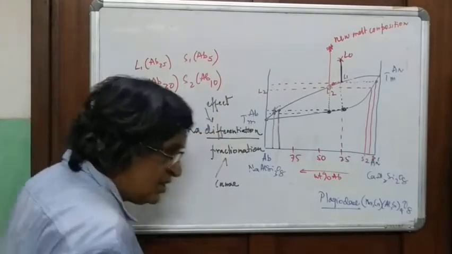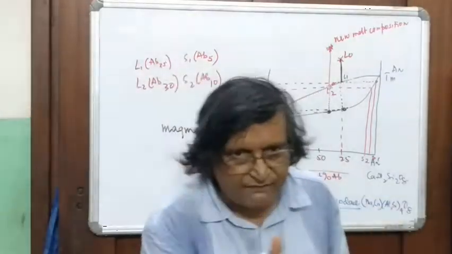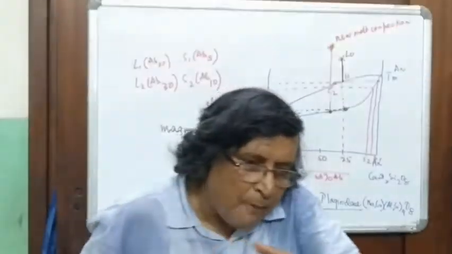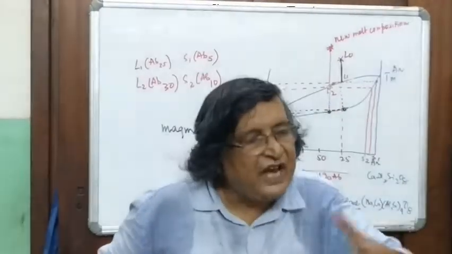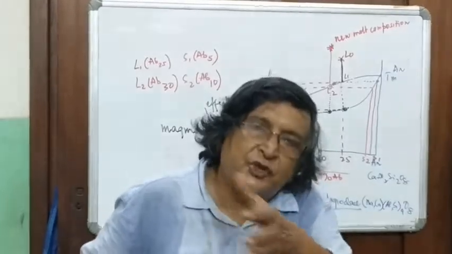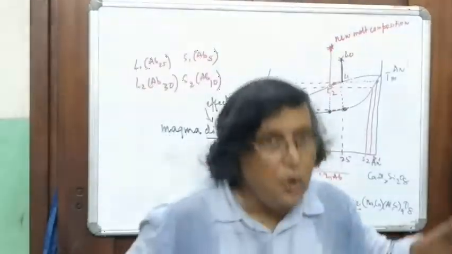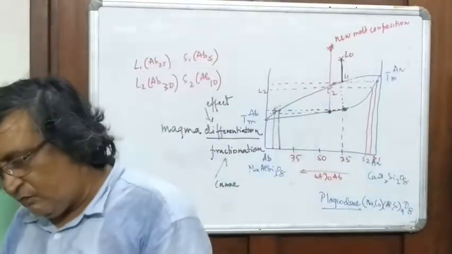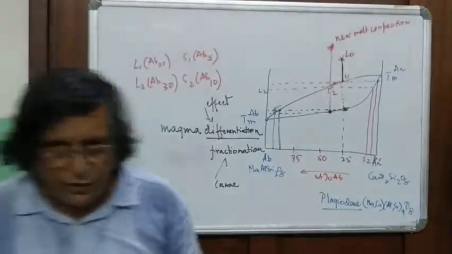What is the effect? That if you go on doing crystal fractionation, the magma composition becomes diverse and extended to more extreme compositions at lower temperatures. Have you understood it?